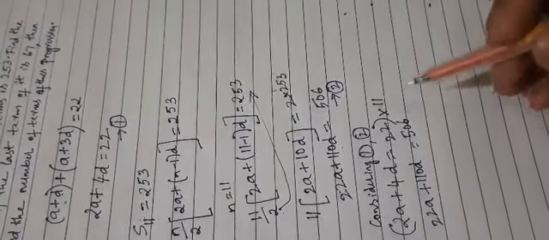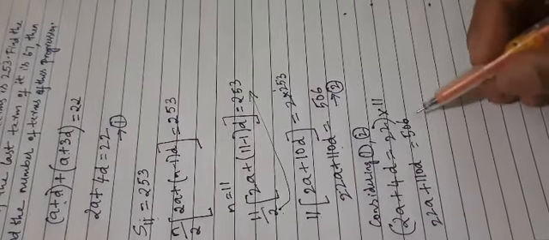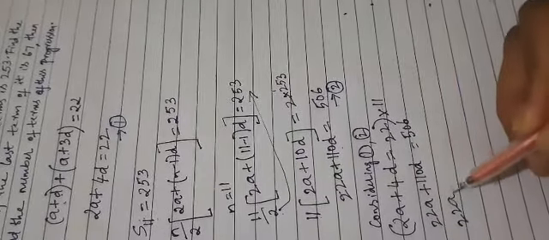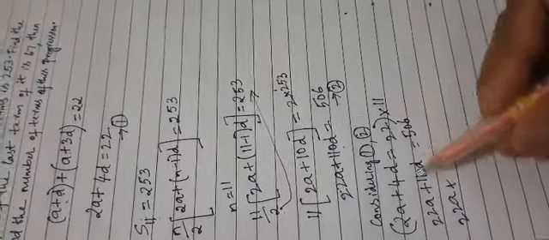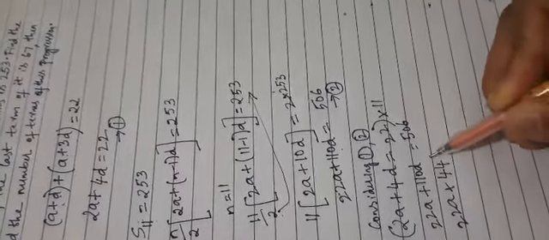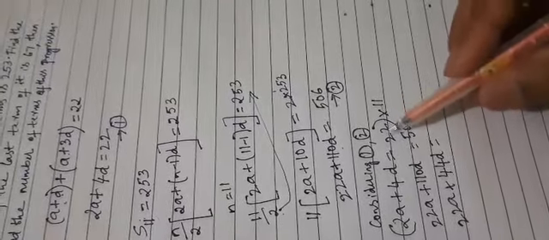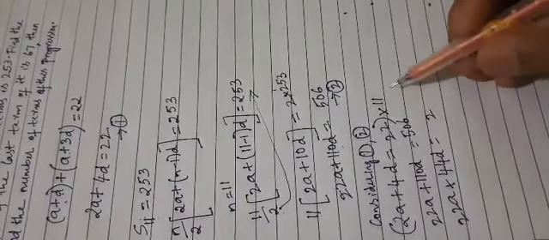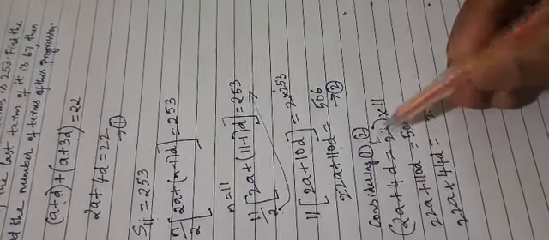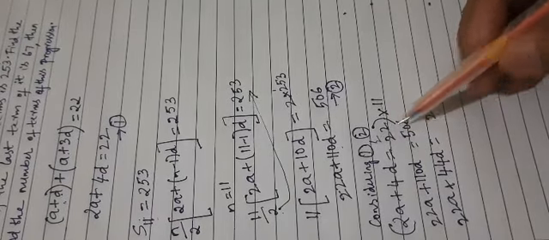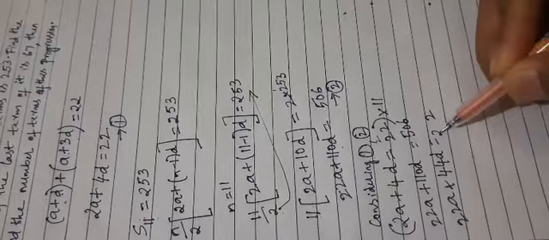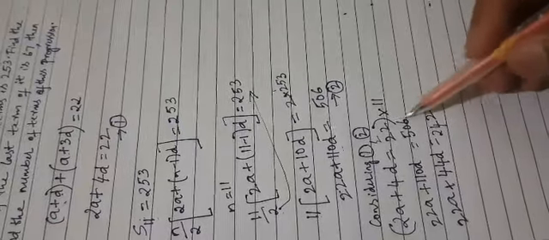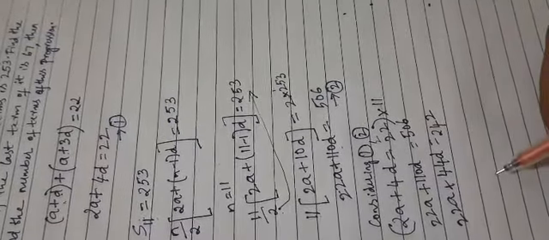So if you multiply that equation by 11, 11 2s are 22a plus 11 4s are 44d is equal to 11 times 22, which is 242.